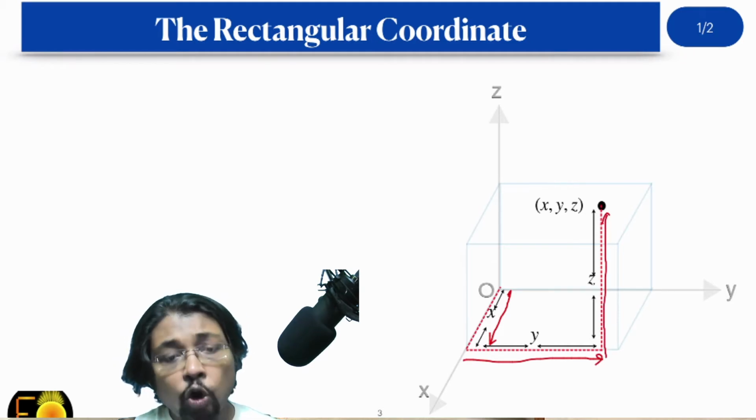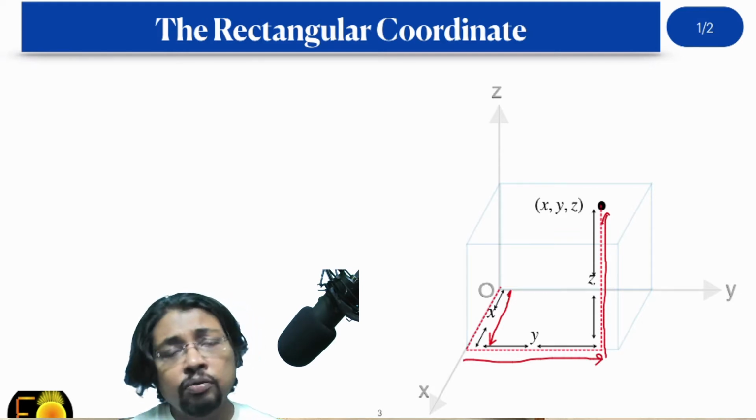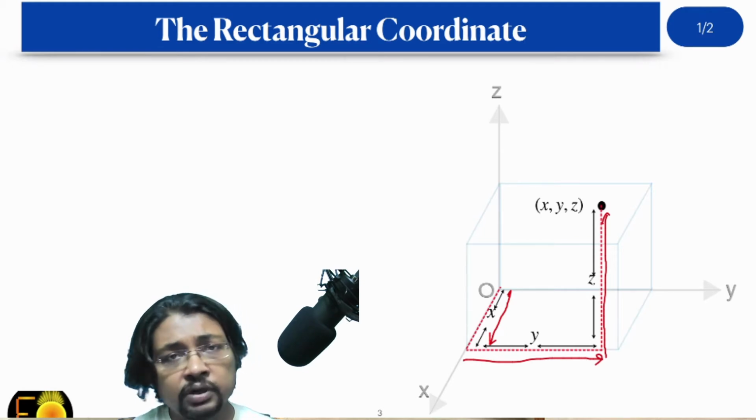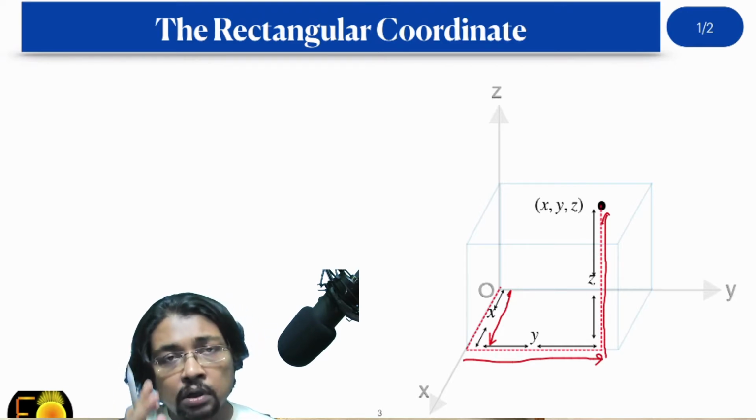You may change the order, that means you can first move along the y direction, then x, then z, or first along z, then along x, whatever. But when you are starting from the origin, you first have to move either along x or along y. You cannot directly jump along z.